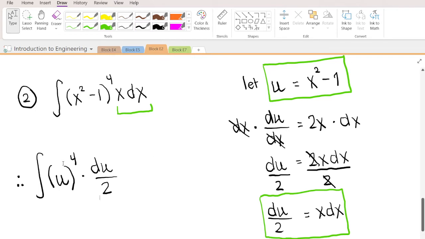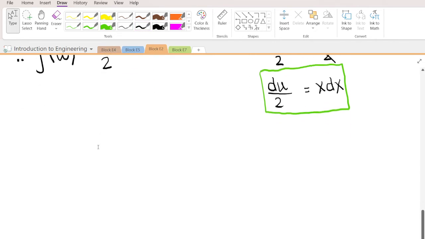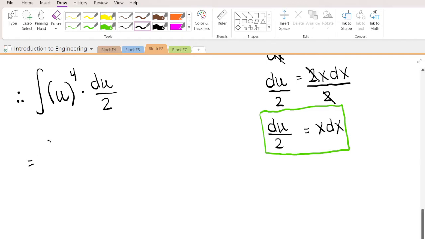So I hope you were able to spot or trace how the substitution was done. And then I will rearrange the entire thing in such a way that I will write the 1/2 first, followed by u to the power of 4, and then write du.